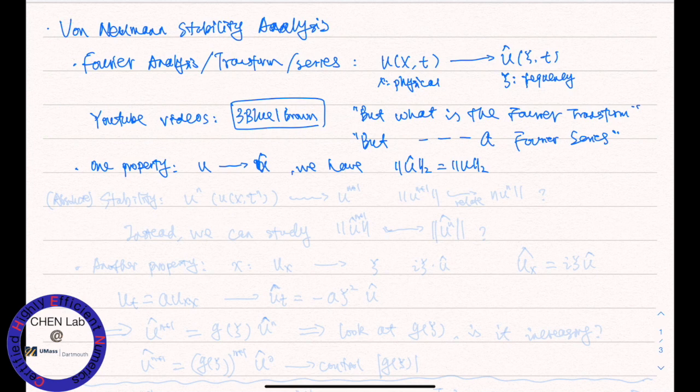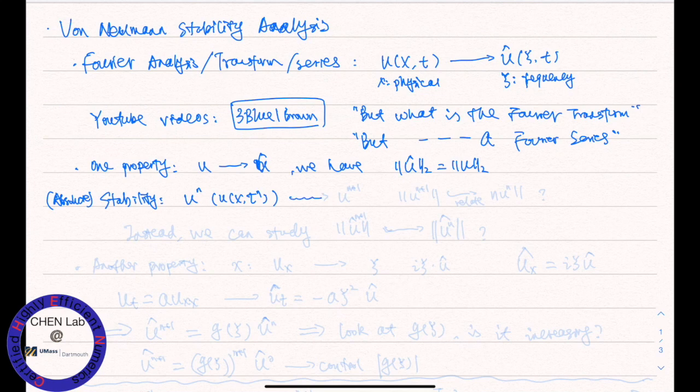So this is useful because, remember, when we talk about stability, in this case absolute stability, what we meant is that you have time level n, u^n, which is u(x) at t_n.